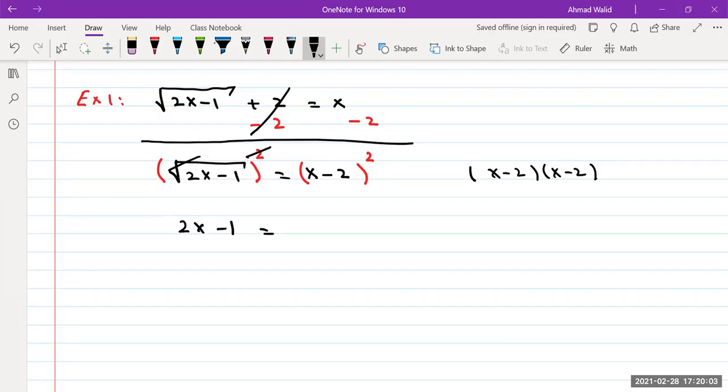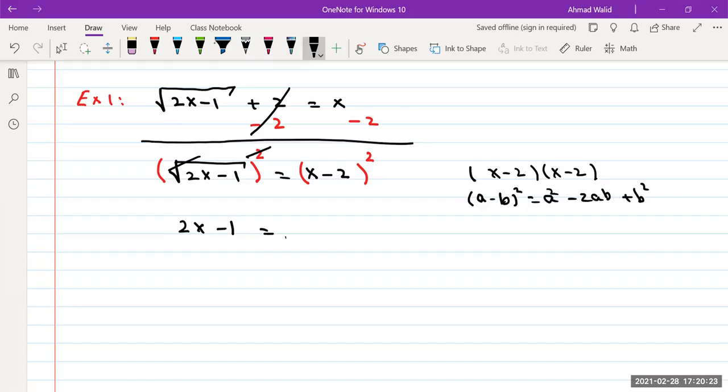Multiply it, use the FOIL method, simplify, and write your answer here. But if you remember this formula, a minus b squared equals a squared minus 2ab plus b squared, in one line you can write your answer here.